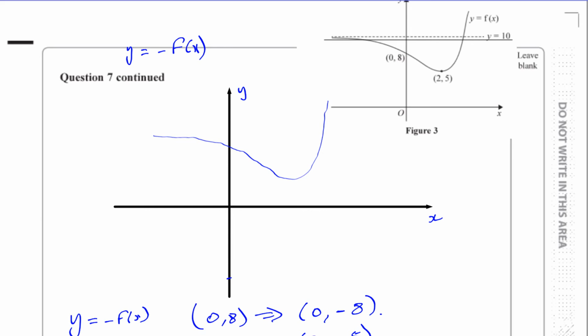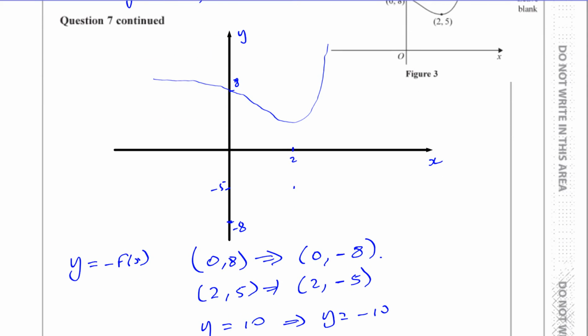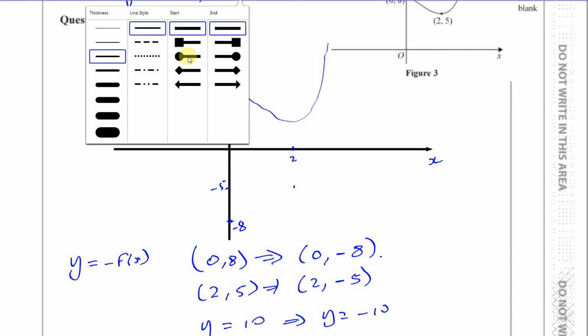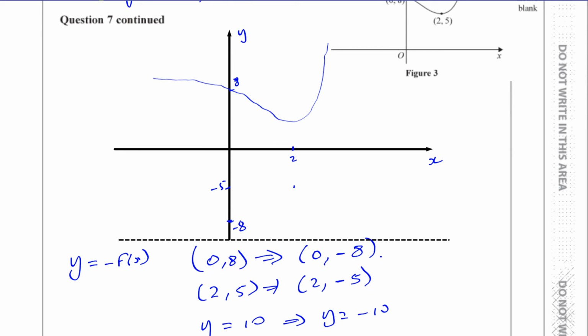And this point (2, 5) goes to (2, -5). So this is (0, 8), and this is going to be (0, -8). This is your 2, and that's 5, and this is going to be -5. Then you're going to have your asymptote, which I'll draw as a dotted line. It's going to go through -10, that's y equals -10. So your graph will look something like this.